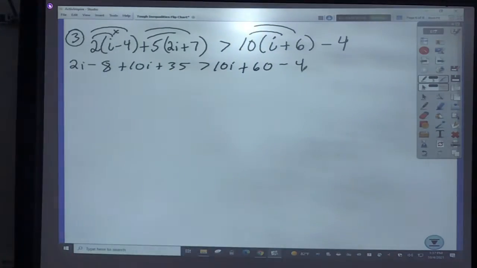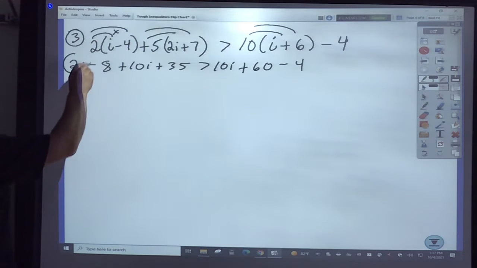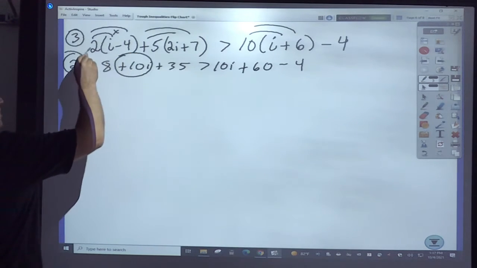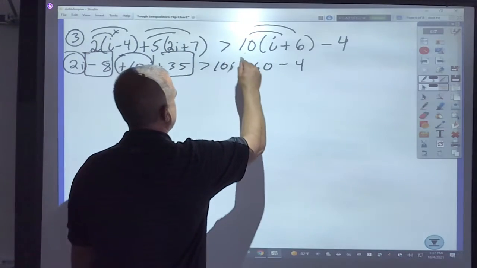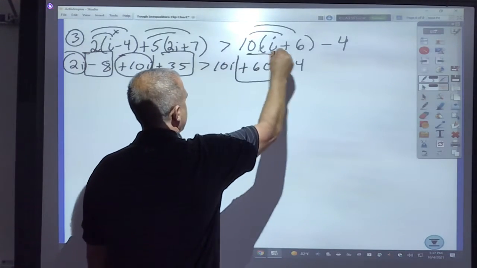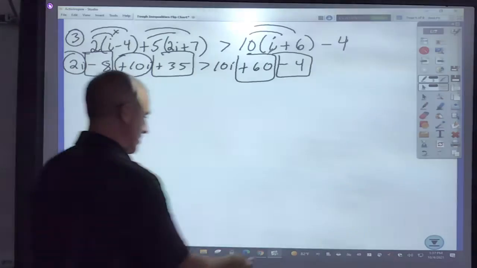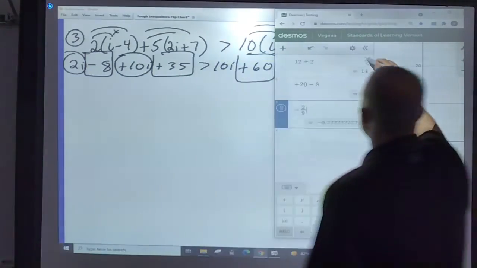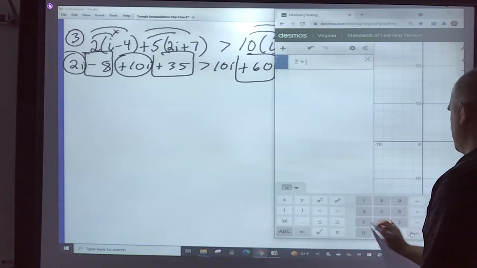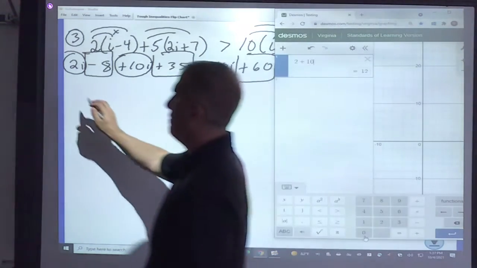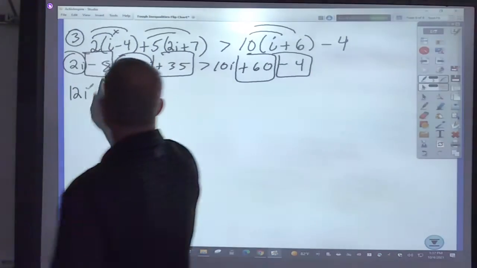Okay, so we're going to look for like terms on both sides. Like and like. Okay? All right, so I got 2 plus 10, which is 12 with an i.